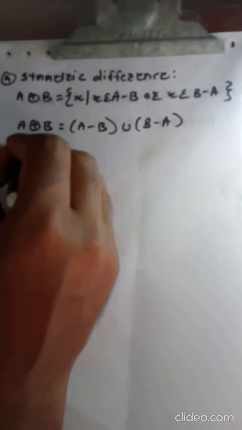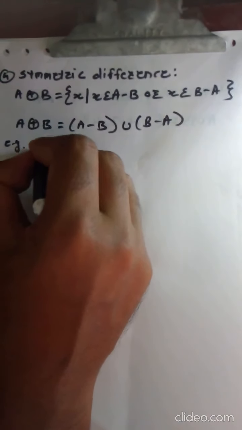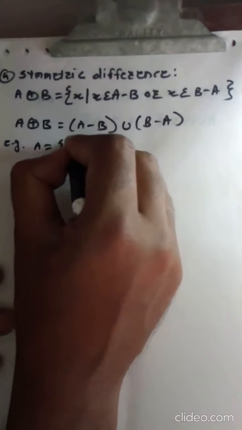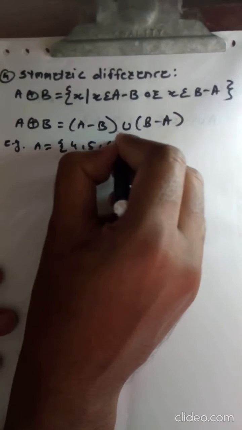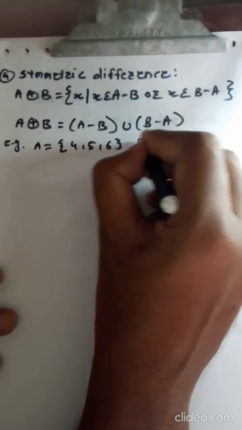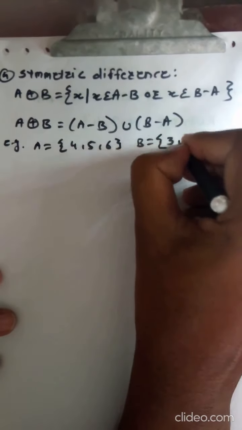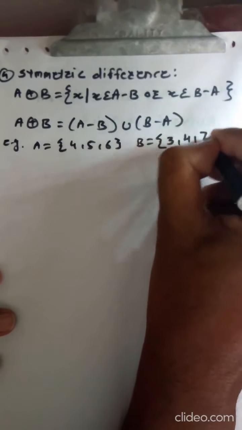For example, consider A is equal to {4, 5, 6} and B is equal to {3, 4, 7}.